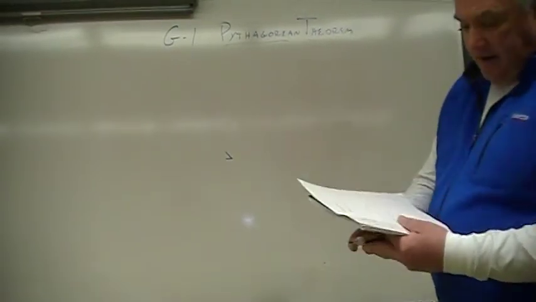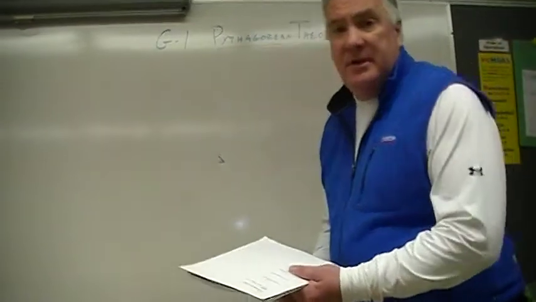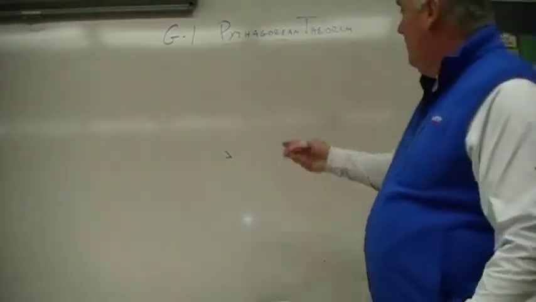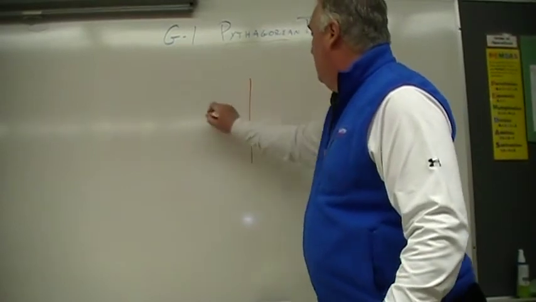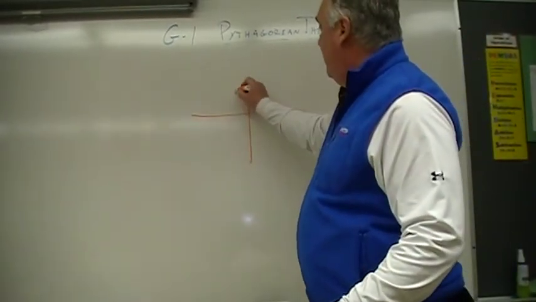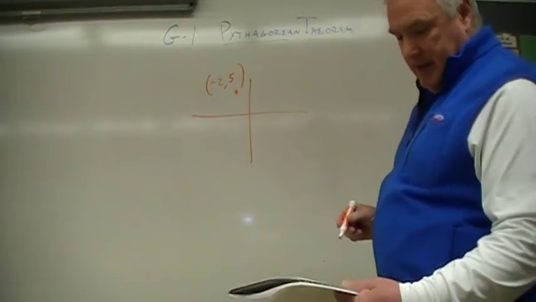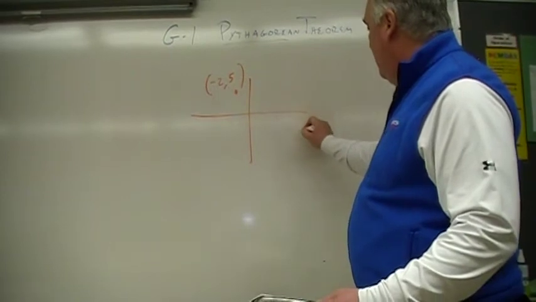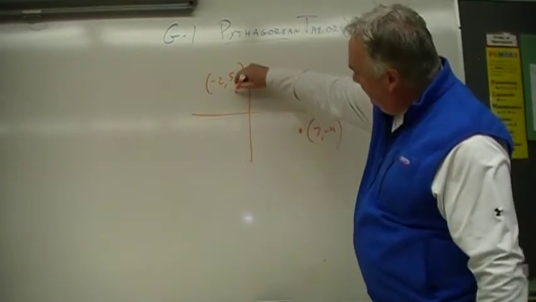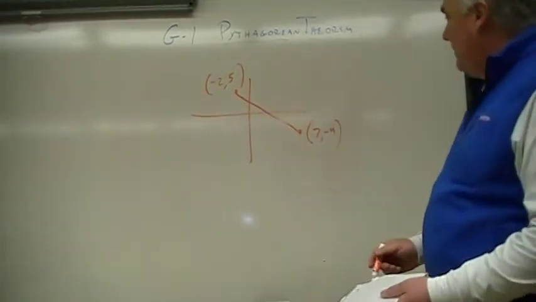That was number 5. And the last one that we have to do is the distance formula. And hopefully I can get this in before the end of the video. -2, 5, and 7, -4. Find the distance between those. Okay?